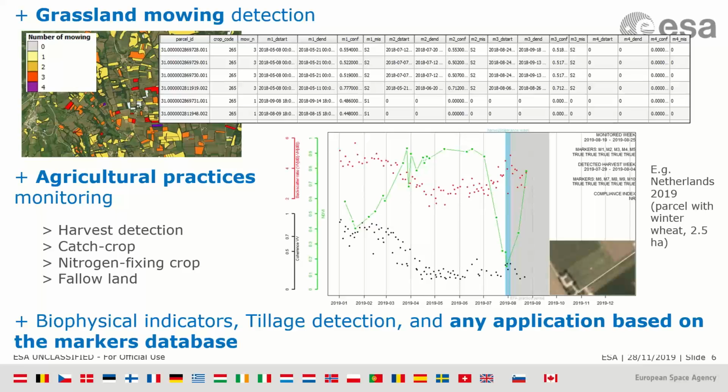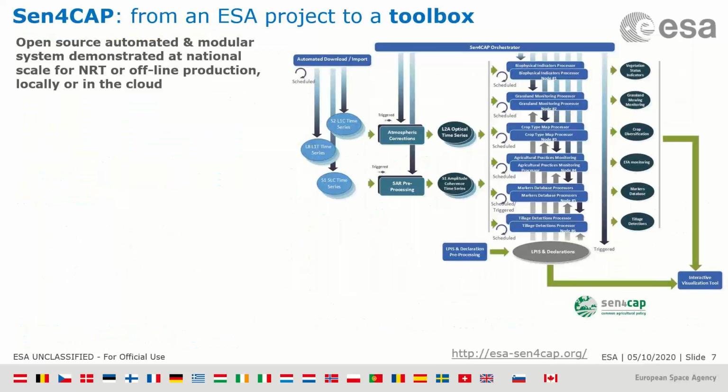So as I mentioned before, the Sen4CAP system is also providing biophysical indicators. There is a new processor which is under development and related to the detection of the tillage. And of course, using the database of the markers, any application can be developed and are being developed already outside of the project by other partners, for instance, related to agroecological indicators.